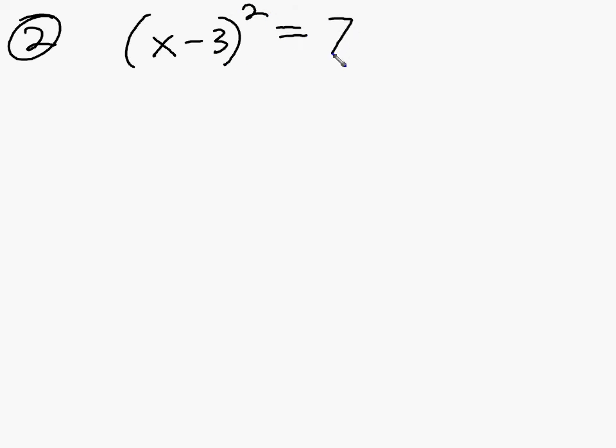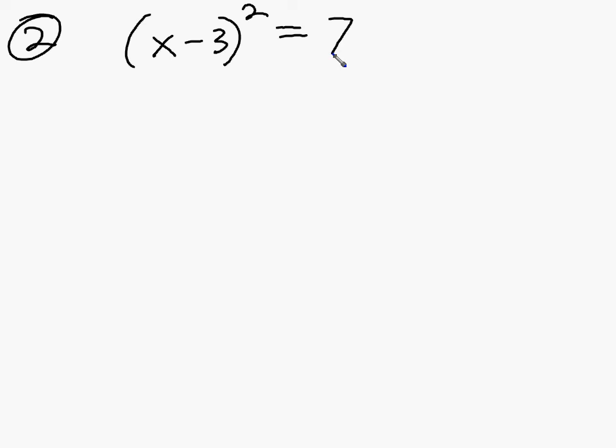Now, if you have one like this, you should also use extracting the square. x minus 3, the quantity squared, equals 7. I've got a binomial squared, right?